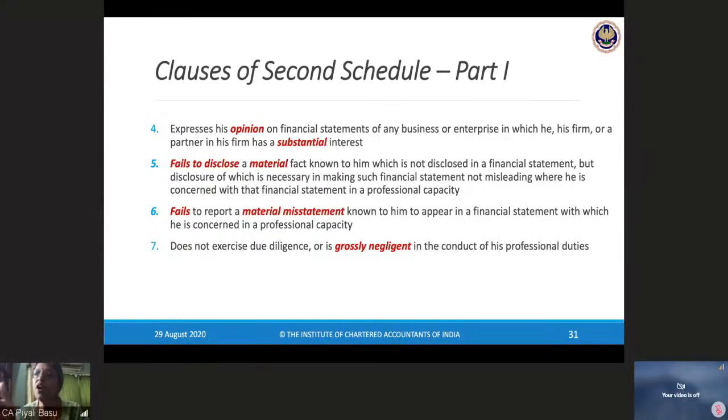The very word projection means it may not be actual. Why then are we calling it a projection? Because it can happen, subject to the assumptions we make also materializing. Please understand, my dear students, that projections means that we are forecasting something, provided one, two, three things happen. Now suppose those one, two, three things do not happen, the projections will go wrong.